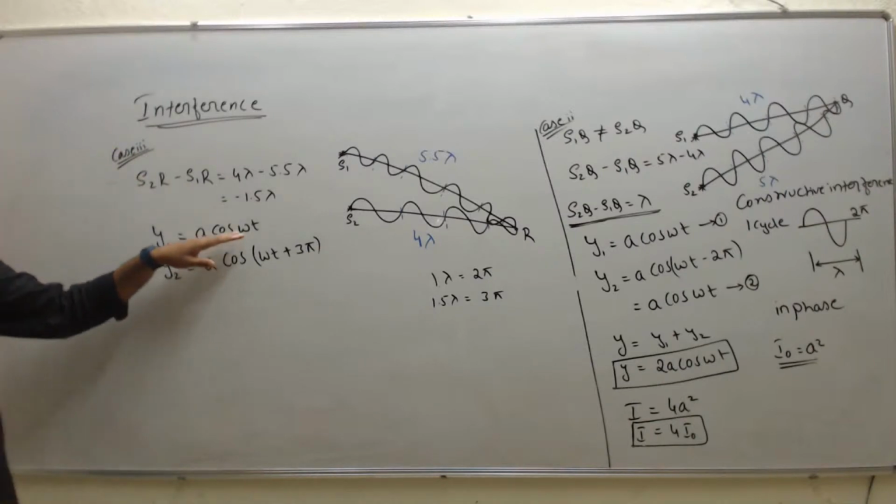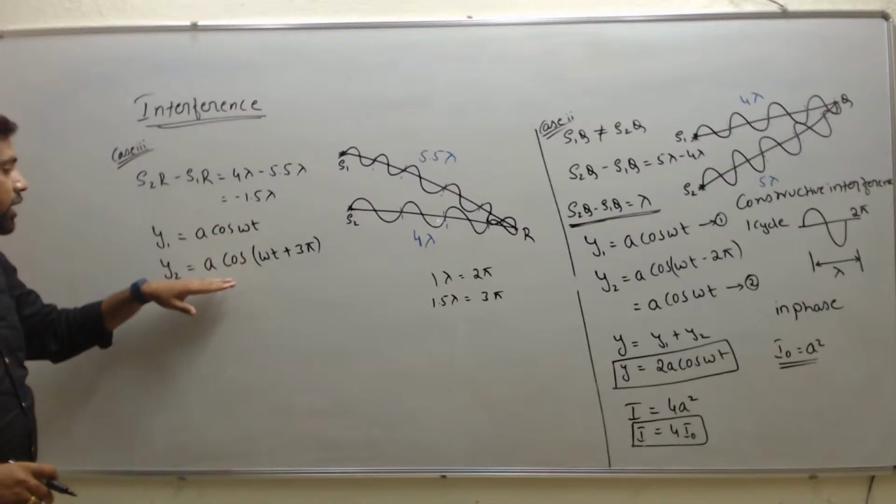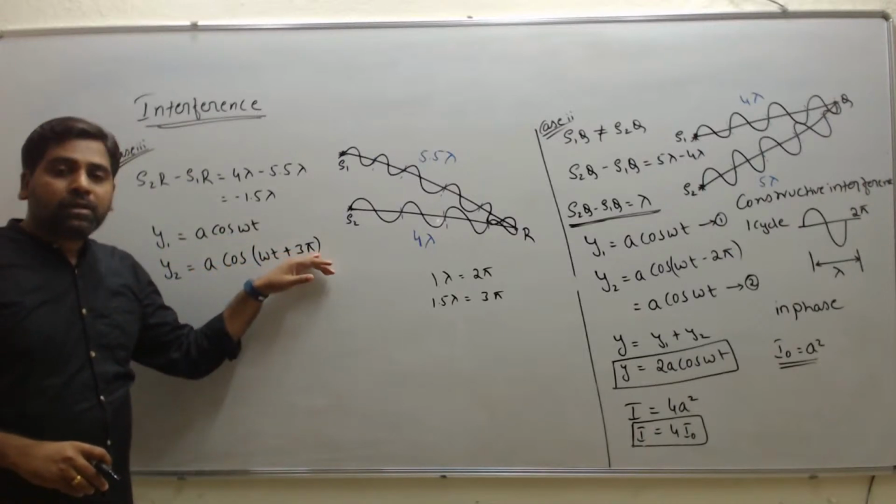So we can write y1 equals a cos omega t, y2 equals a cos of omega t plus 3 pi.